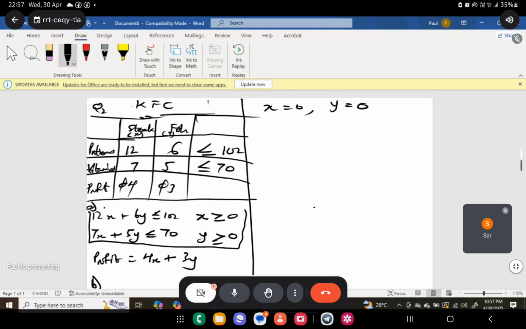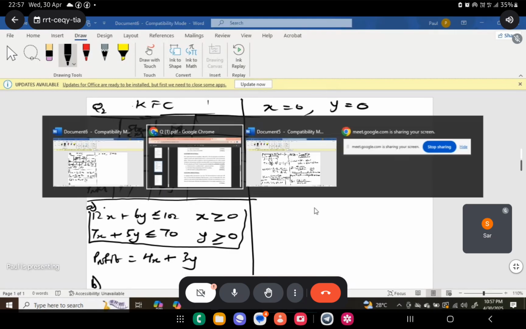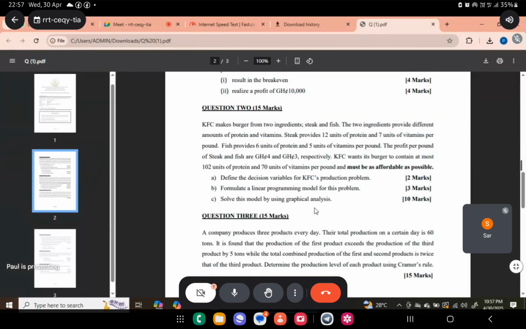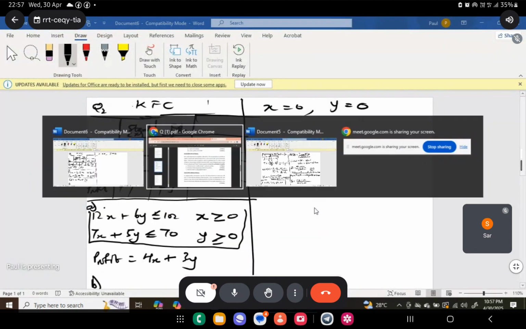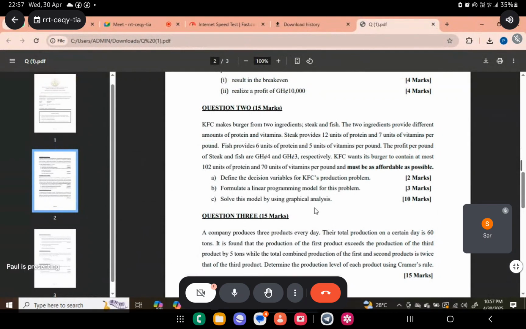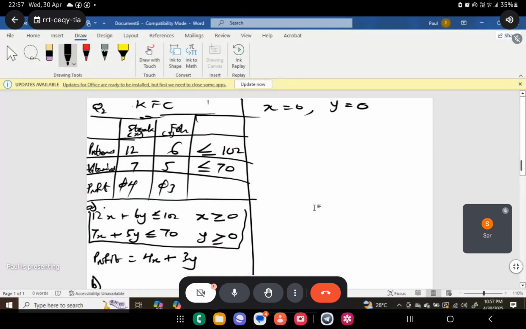So this is the B: formulate a linear programming model for this problem. Now the C is that solve this model using a graphical analysis. That's what we are coming to. 10 marks. And it is not difficult like you think it is.